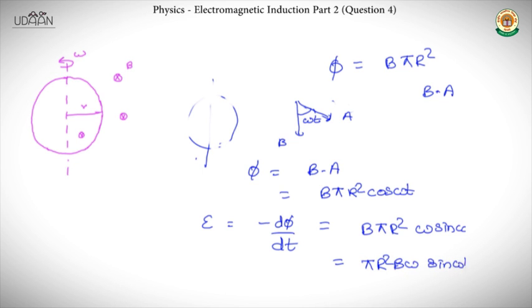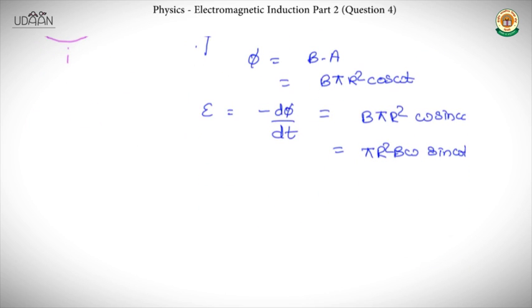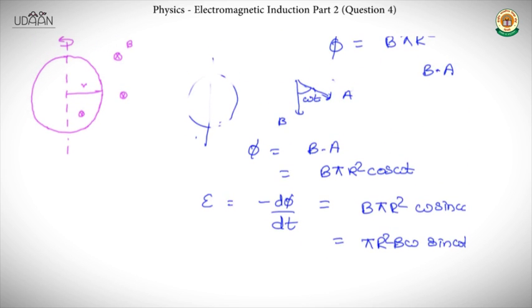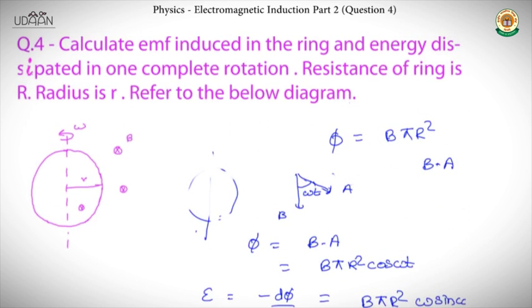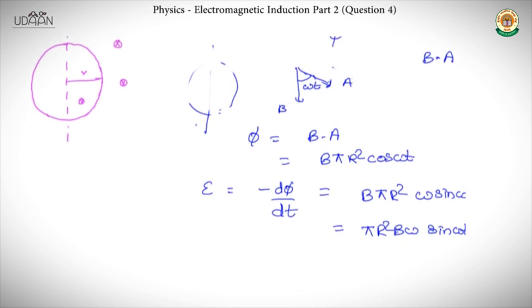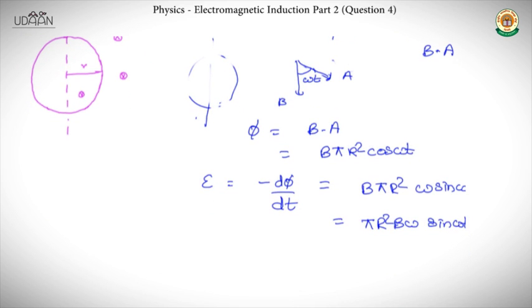This is the EMF induced at any time t. The EMF induced is also a function of time, pi r square B omega sin omega t.